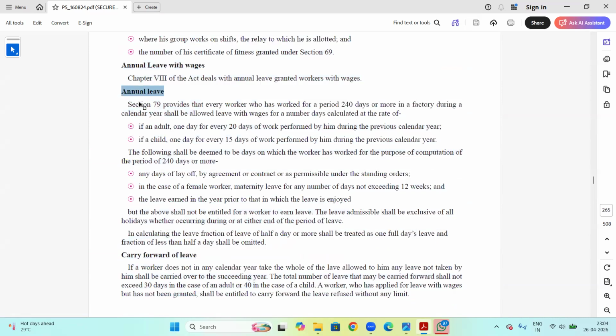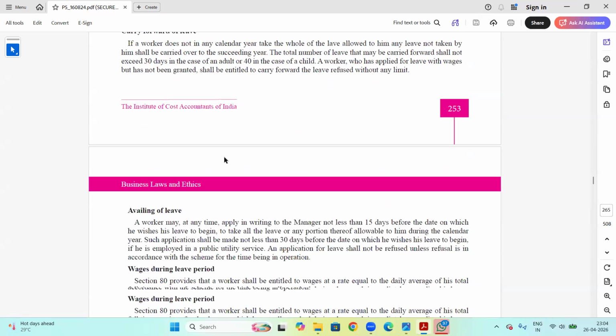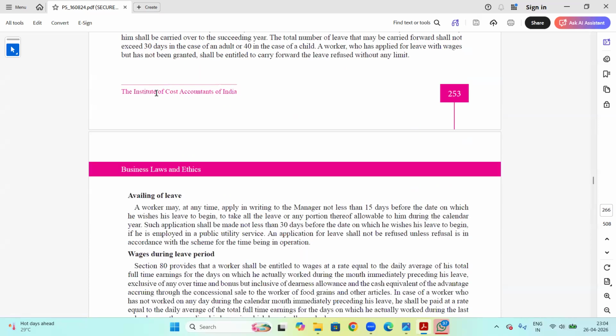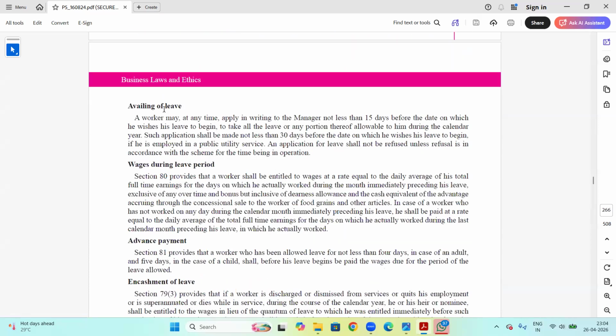Leave policy for adults. If a worker has worked 240 days or more in a factory, for every 20 days, 1 day of leave shall be provided. In the case of a child, for every 15 days, 1 day of leave shall be provided. If a person has not taken leave, that leave can be carried forward to the next year. You should give a minimum of 15 days advance notice.